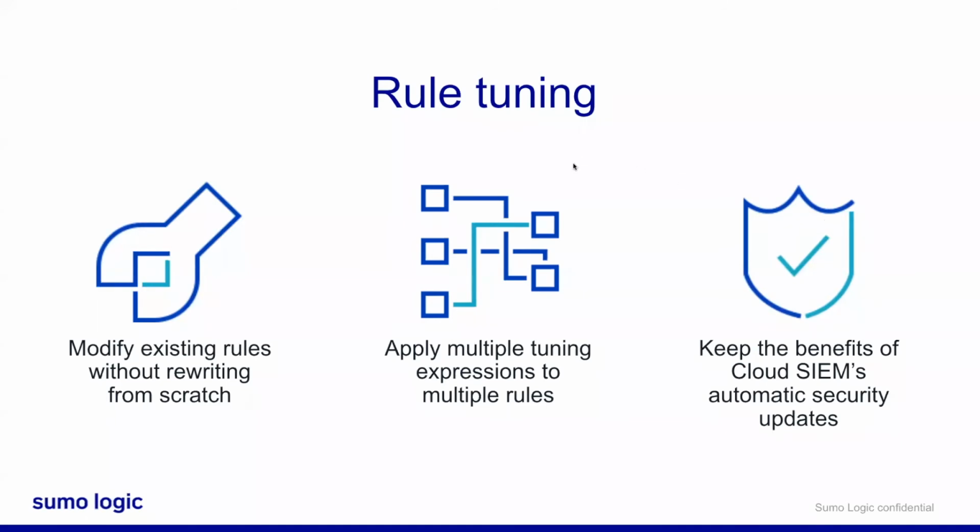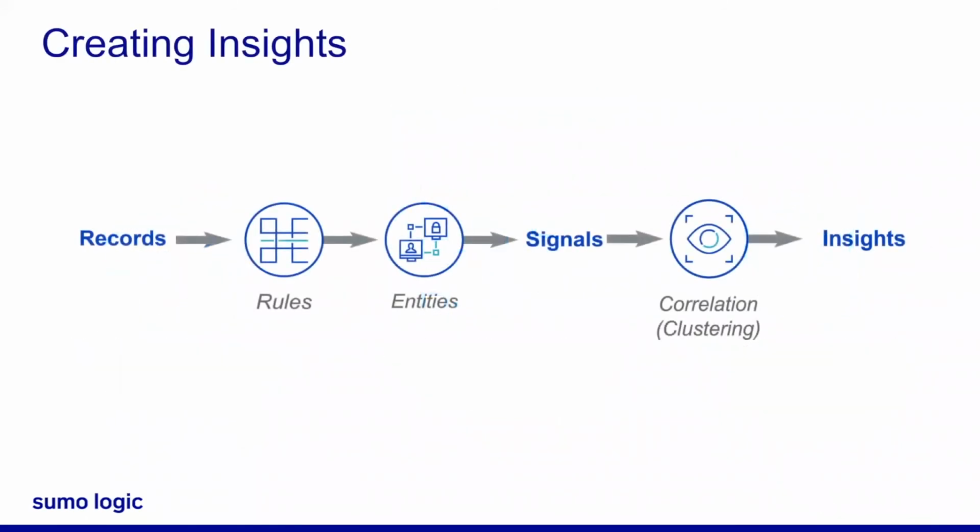Now, creating insights. Once a rule is in your system, whether it's a custom rule or one that you created or one that was created by the Sumo team, CloudSIM is going to use that to create signals. If a record matches a rule, an entity is extracted from the record. The entity might be something like an IP address, a username, a domain name.